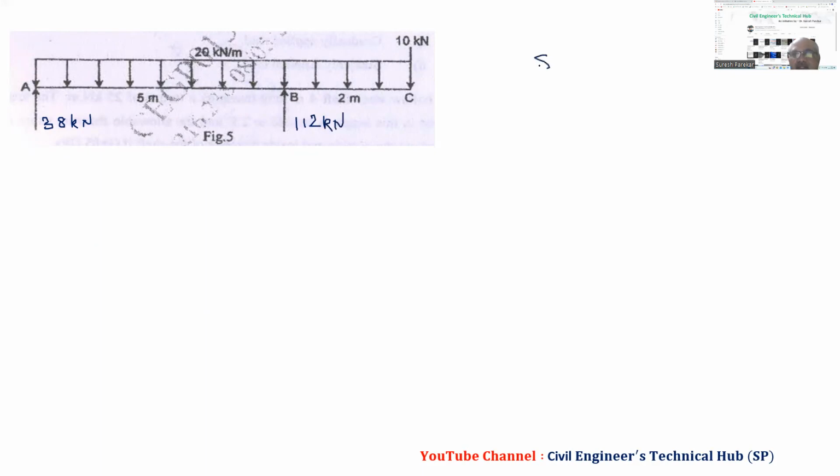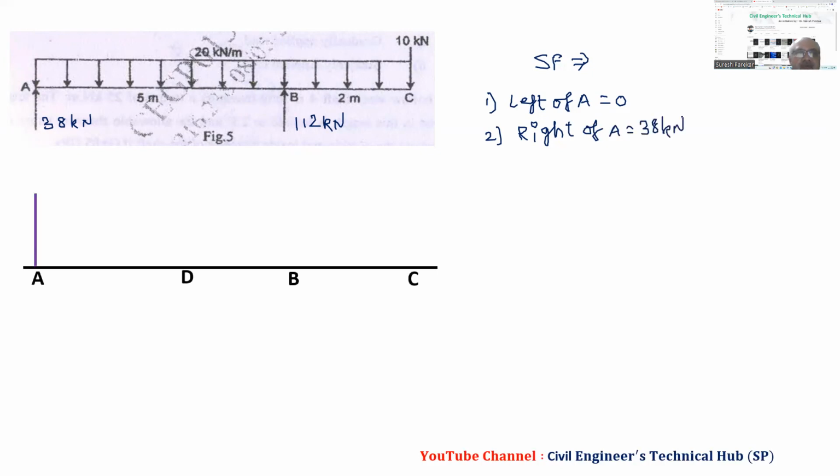Now first we will go with shear force. First, left of A, we have 0. Then right of A, that is equal to 38 kilonewton. I will plot it simultaneously. So we have this as 38 kilonewton.